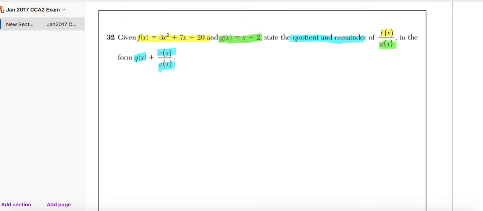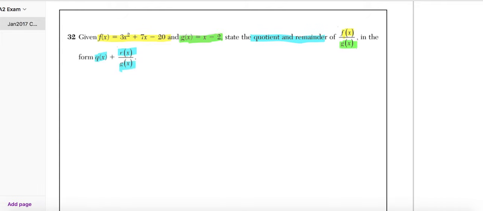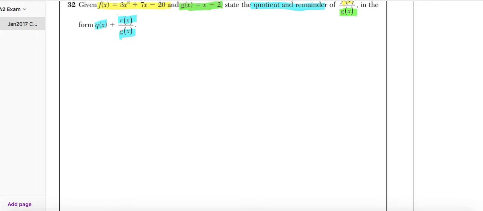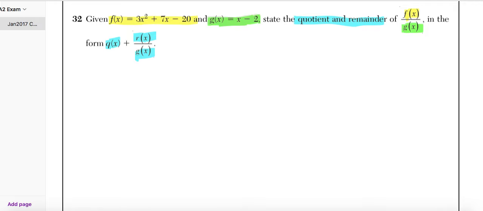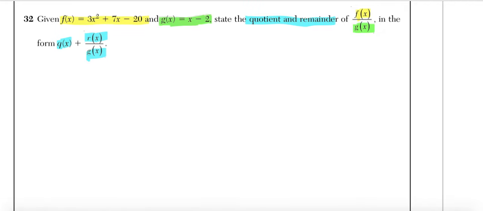So basically they're just saying to divide it. We could use long division, or we could use synthetic division. Those were two ways to do it. I'm going to do long division in case you don't know how to do synthetic division, or I'll do it both ways.